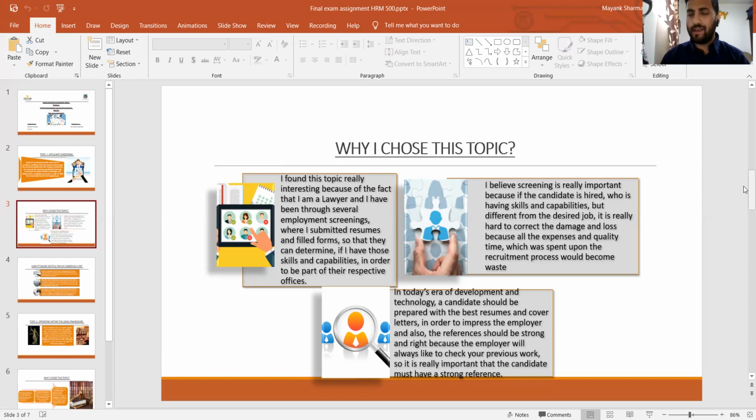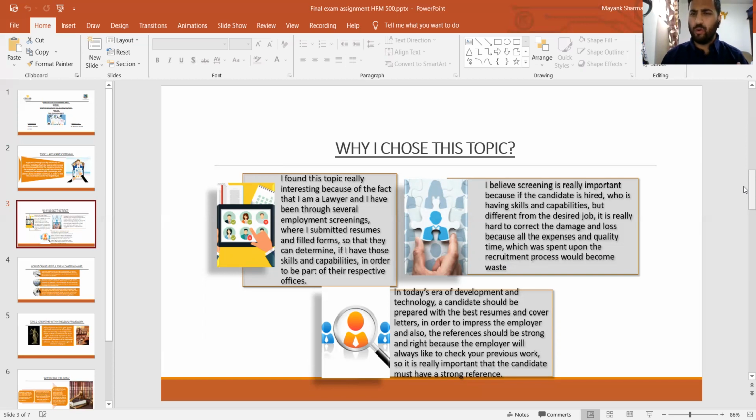The other reason is that I believe applicant screening is really important, because we are hiring a candidate for a specific role who has all the skills and abilities to be the best person for that job. But if that person is wrongly hired, for example, if he doesn't have the minimum qualification, I believe the whole process of recruitment is a failure.